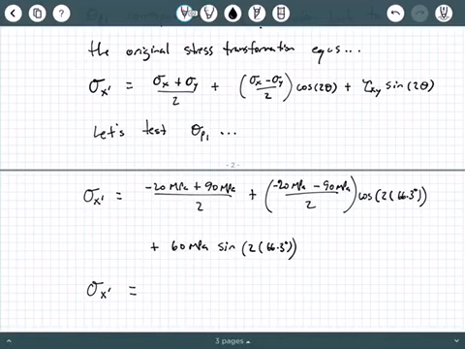And then plus 60 MPa times sine of 2 times 66.3 degrees. Okay, so let's punch this in and see what we get when we crank all this through.